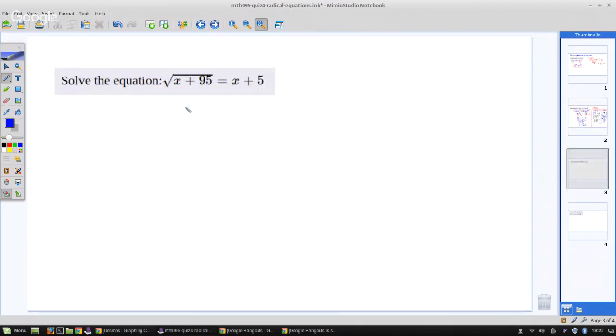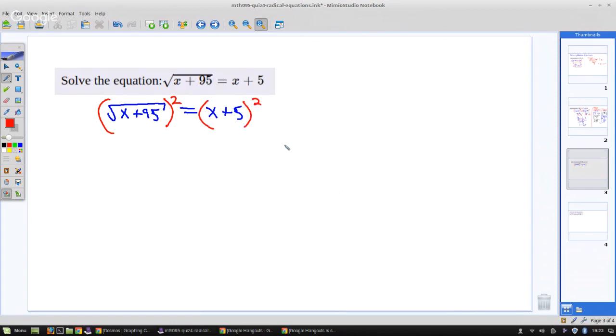All right, this one's going to be a little bit more work because there's no square root on the other side. You'll see what I mean here once we get into it. The square root of x plus 95 equals x plus 5. And I can square this side, which is going to be nice because that'll cancel the root.